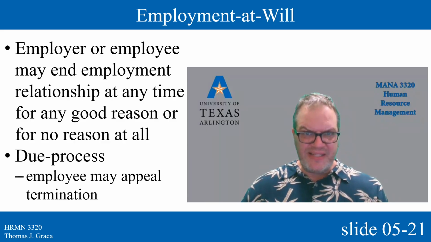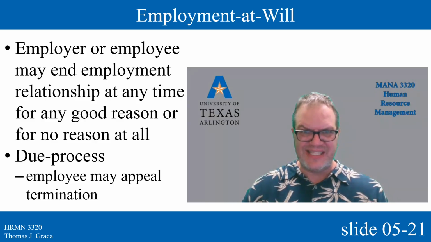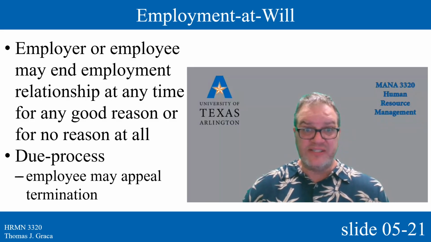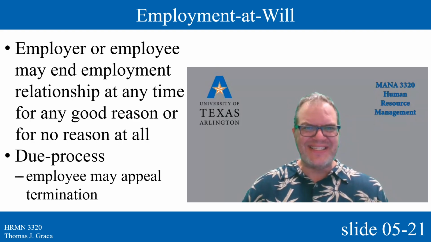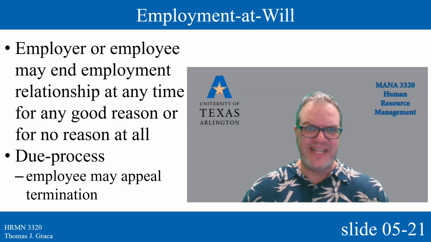So that structure is sort of part of what the recruiter has to sell to prospective employees. The idea that they have no guarantee of a future job for any time at all, right? So how do you sell that? Well, you sell that by demonstrating data that show that the firm tends to retain people over time.